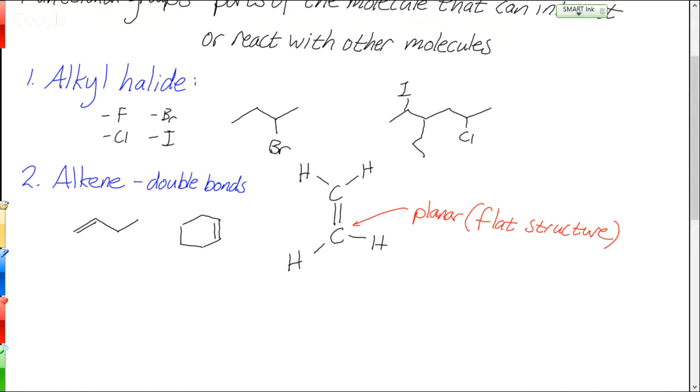An alkene is flat. So it only has three things connected to the carbon going off in three directions. That also means they're going to be spread out a little bit more. So this angle is 120 degrees between those, whereas the tetrahedron was 110 degrees. So it's a little more spread out that way because there's fewer things connected to the central carbon. Only three things connected to each carbon instead of four. So that makes it flat.